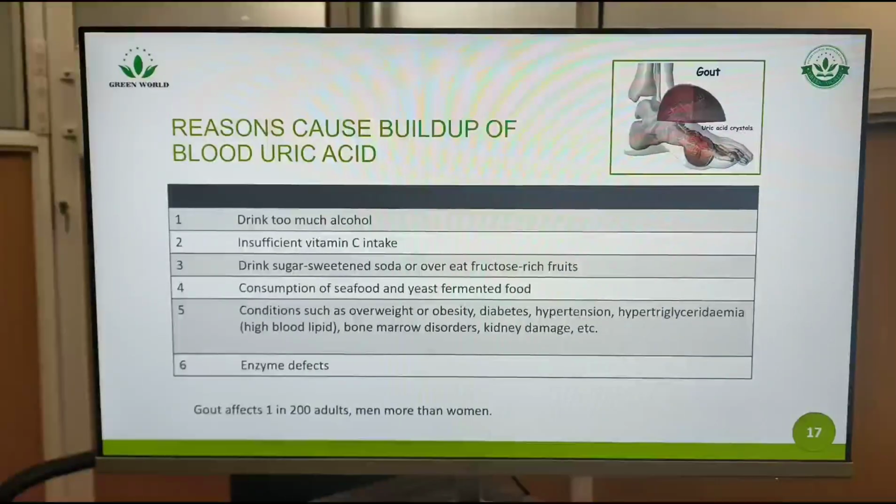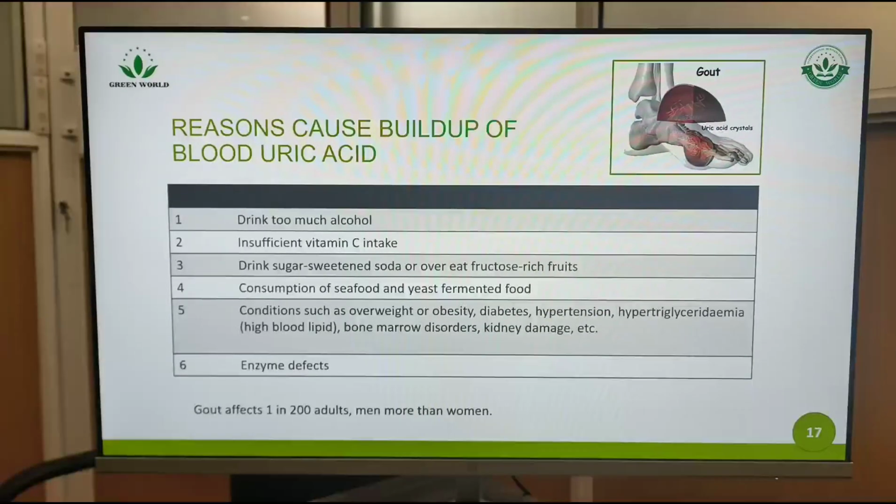Now, the overconsumption of alcohol, drinking too much alcohol, that's number one. Then sugar, purine-rich foods such as red meat, nyama choma, seafood, organ meat, and dairy products contribute to gout to a great extent. Moreover, if you are in conditions such as overweight or obesity, or maybe you are diabetic, hypertension, see, when you talk about diabetes, pancreas is involved there.